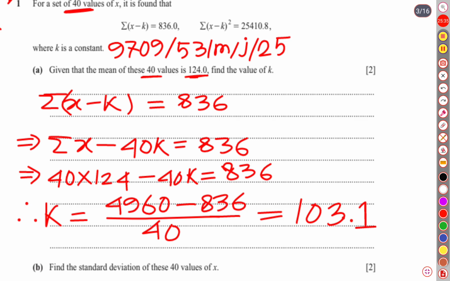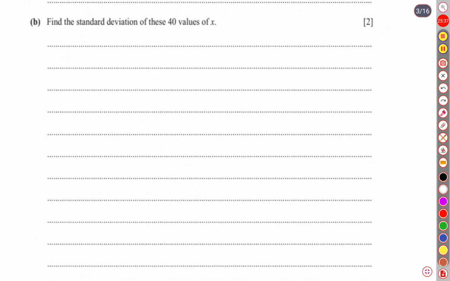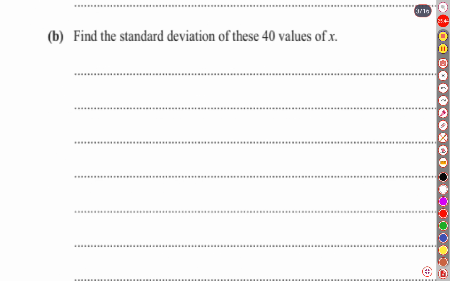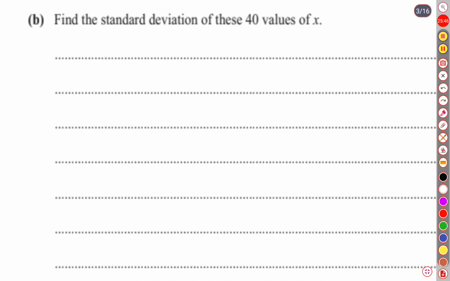The question number B says find the standard deviation of these 40 values of x. Remember, standard deviation and variance are not affected by coding data.